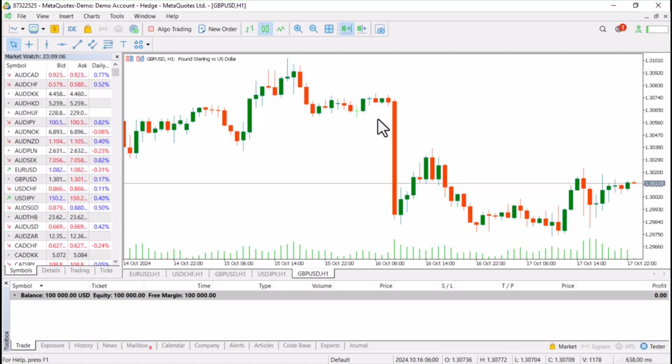Great. Now, this is the interface of the MetaTrader. We have the MetaTrader 4 or the 5, whichever version you download on your personal computer or laptop. They both have the same function, right? And please take note, you cannot use the login details of MetaTrader 4 to log into MetaTrader 5. The same goes for MetaTrader 5. Login details cannot be used to log into MetaTrader 4.